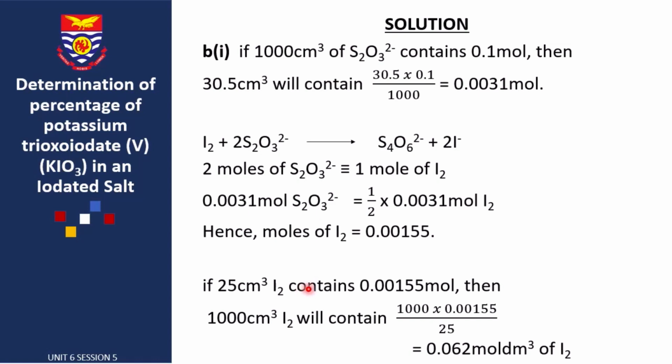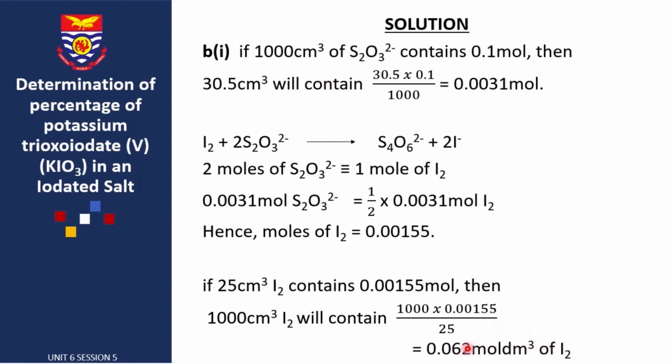So we make it cubic decimeters by saying that if 25 contains 0.00155, then 1000 is equal to what? If we assume 1000 is equal to x, we make x the subject. We will have 1000 times 0.00155 divided by 25. And that gives us 0.062 moles per cubic decimeters of the iodine. And that is the concentration that was in excess.